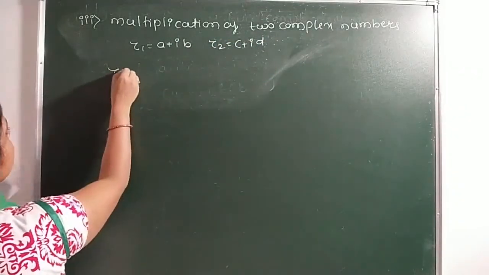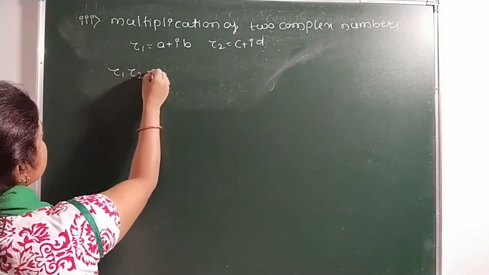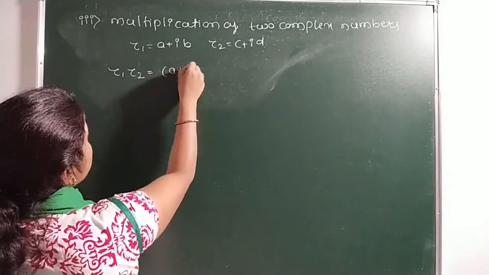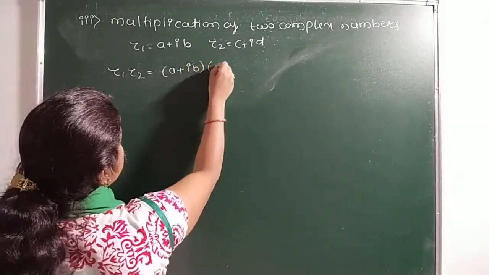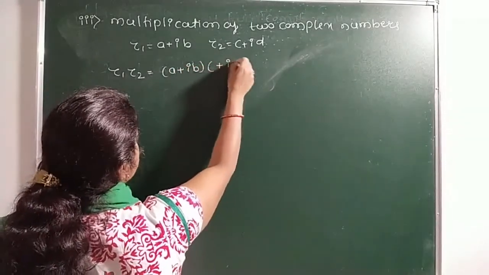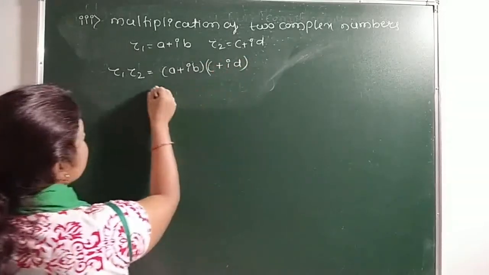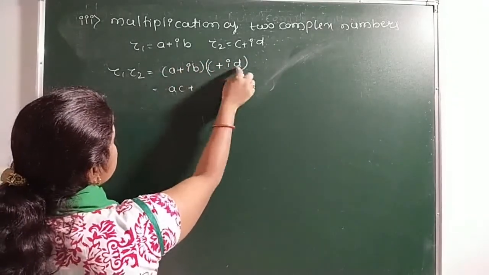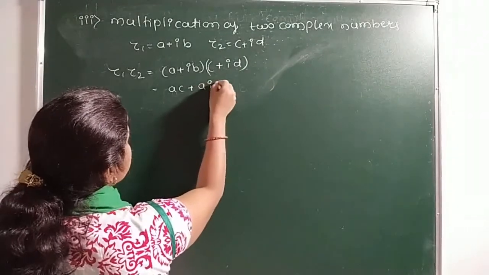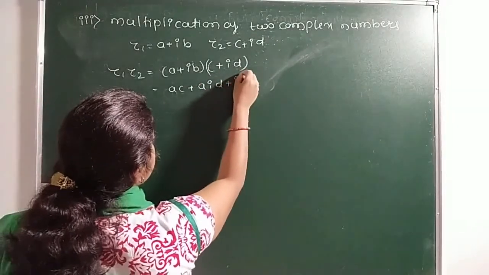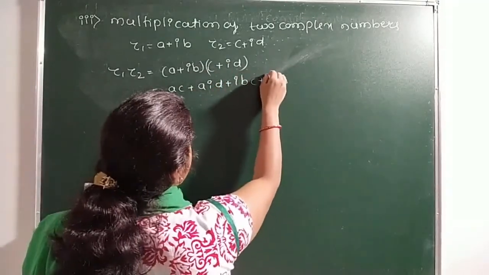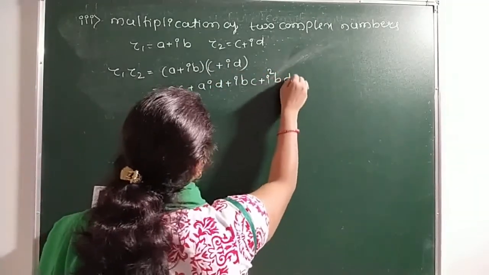If we multiply these two, z1 into z2, we have to write a plus ib and c plus id form. If we multiply a into c plus a into id plus ib into c plus i into i becomes i square bd.